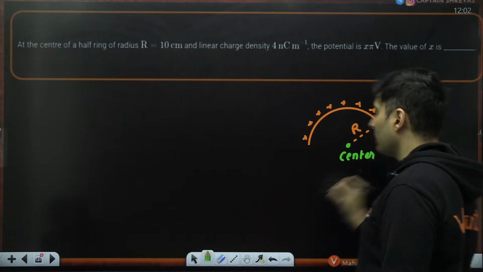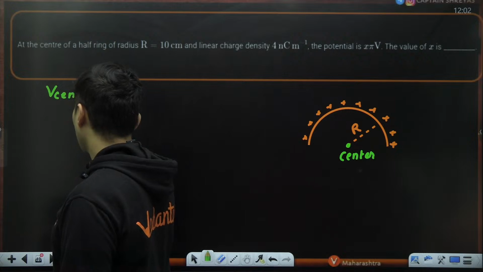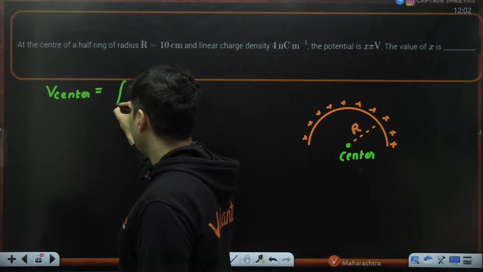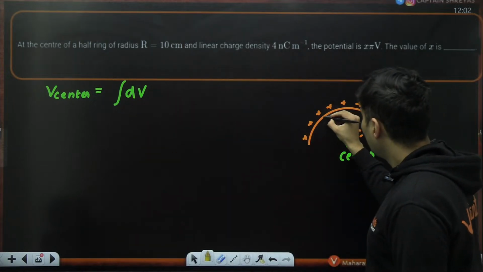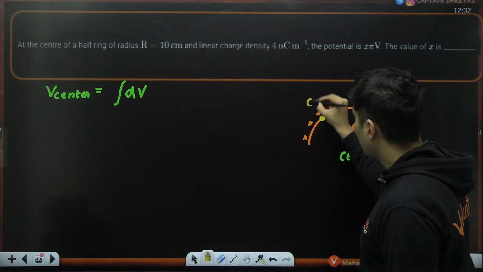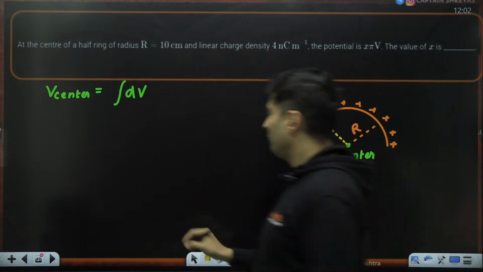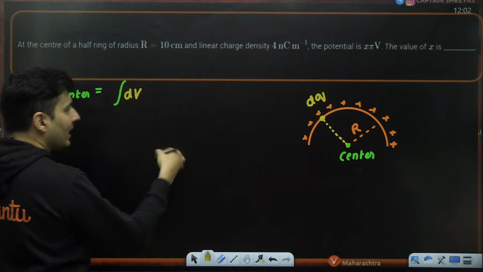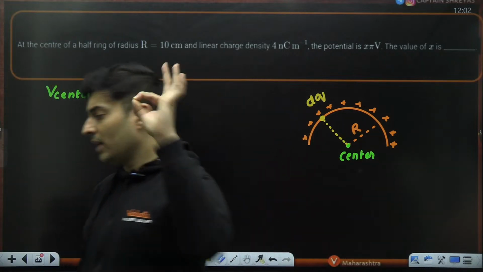This is the center. Now I'll tell you one thing. The total potential at the center is the potential due to each and every single charge. So I can say it is integral of dV. Take any charge over here, let's say dq. Due to dq there will be some potential, which I will call dV. So you integrate all the potentials, meaning add all the potentials, and you will get the total potential.